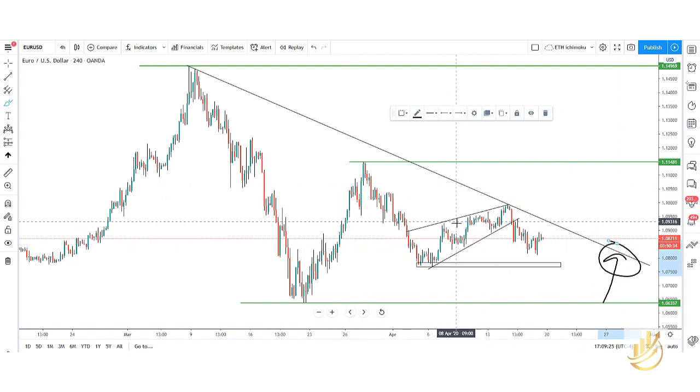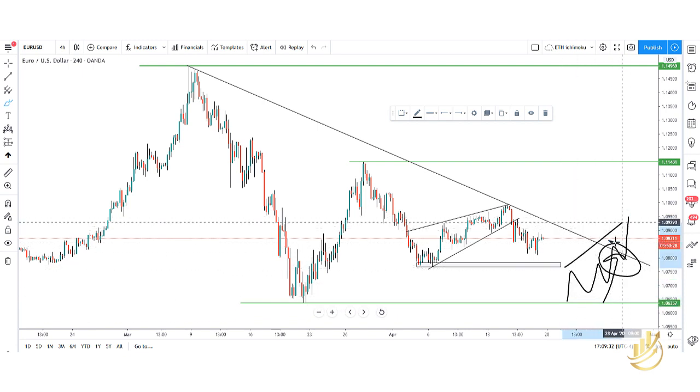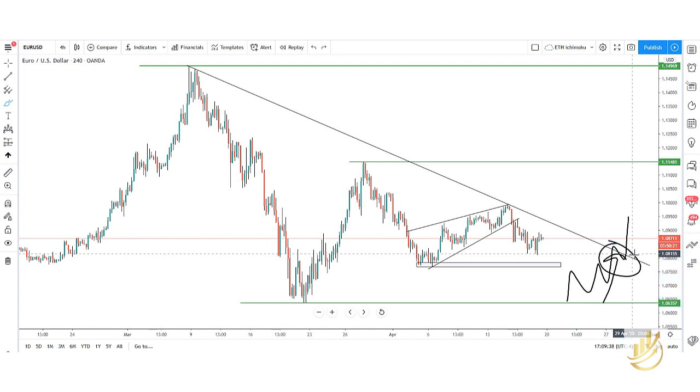I want a clear picture, so that price gives me such confirmation where I can trust an upward channel, or I have some confirmation to see a continuation pattern towards the upside.